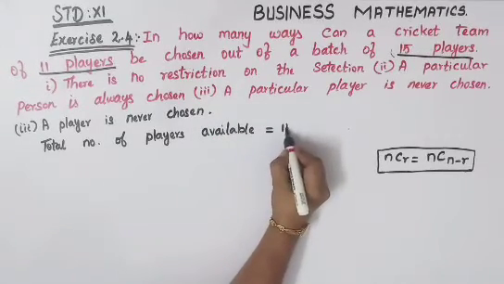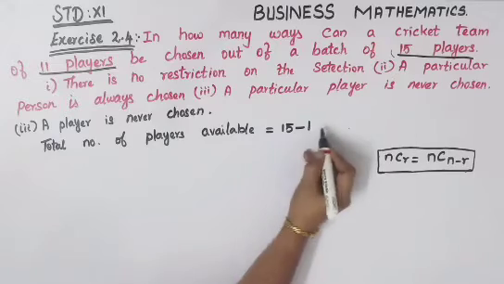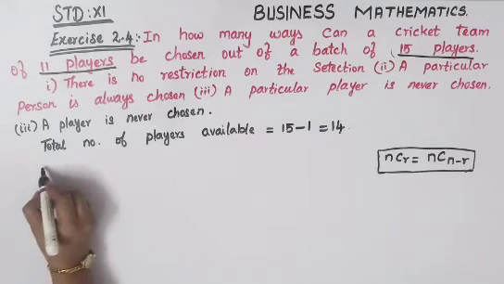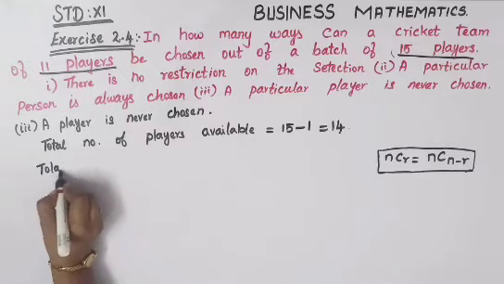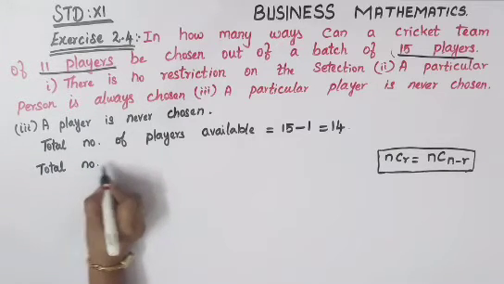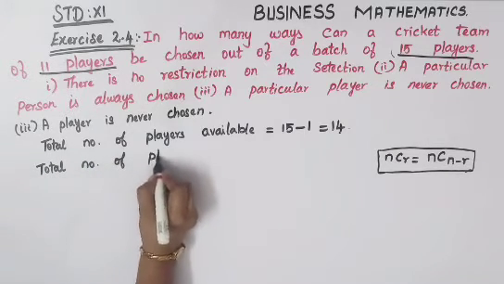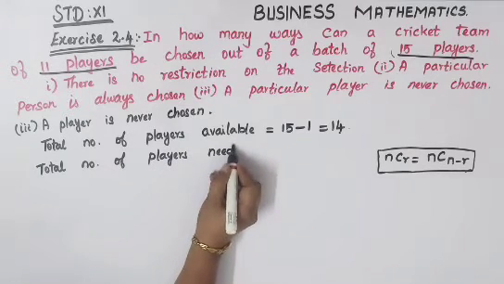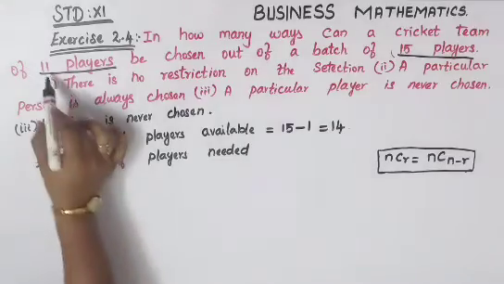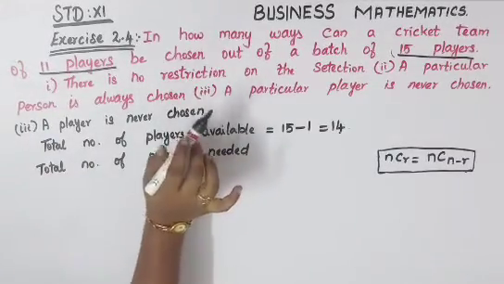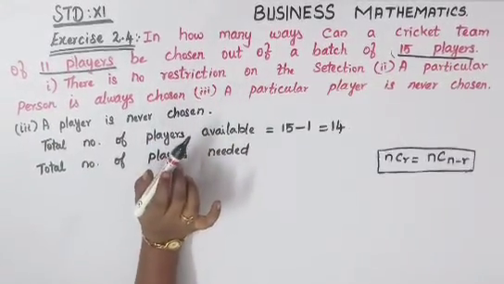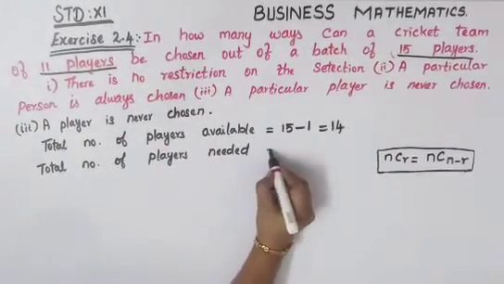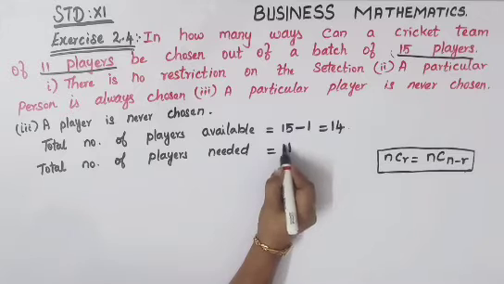So 15 minus that one person, you'll have 14 persons available now. Next is total number of players needed, but we need only 11 players because this person is already out. So that person is not considered at all. So we need 11 players over there.